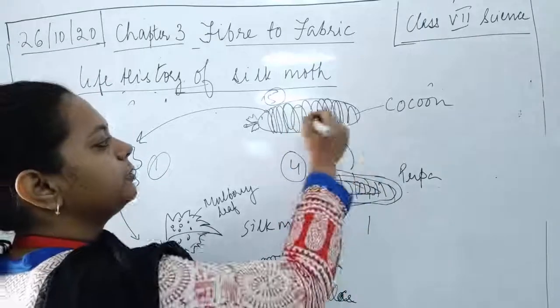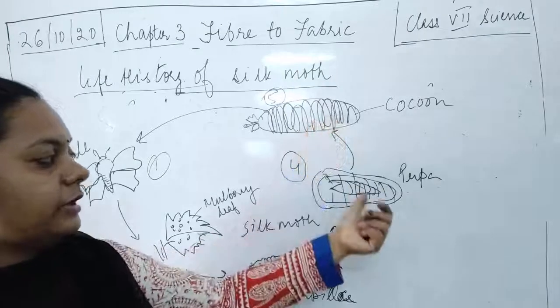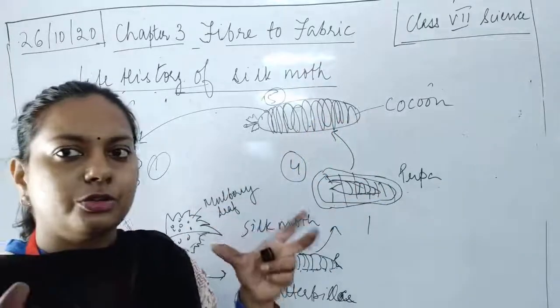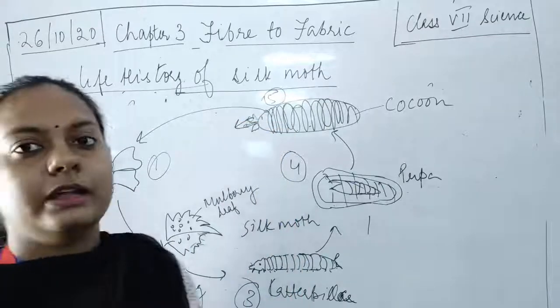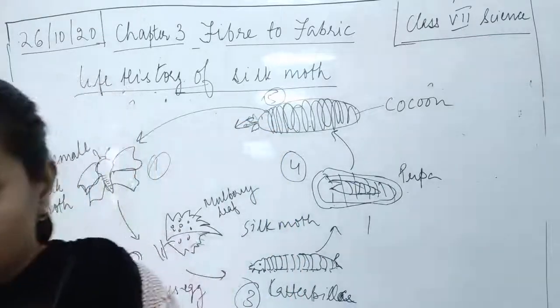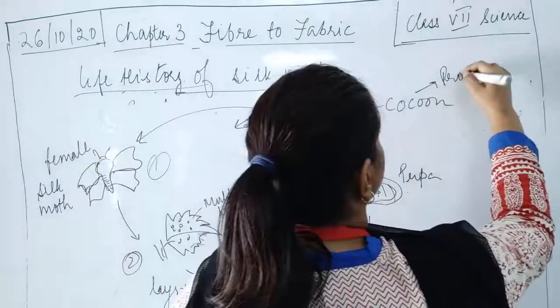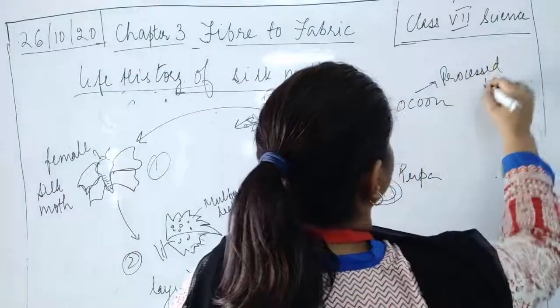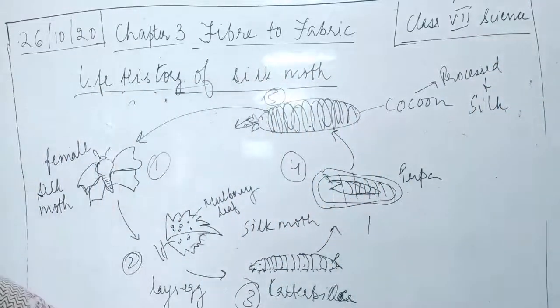The home of this pupa is known as the cocoon. When it grows, it becomes an adult silk moth, which emerges outside the cocoon. Now this cocoon is taken and processed. This stage is responsible for the development of the silk fiber.